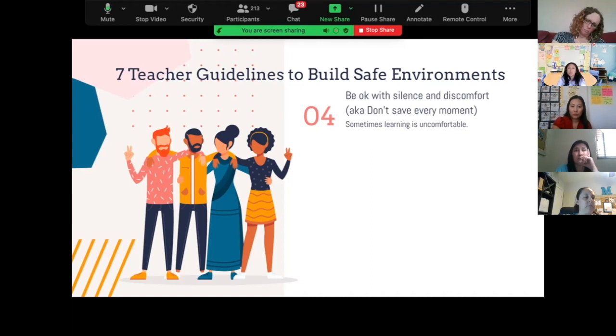And it goes deeper when we're talking about identity and tough conversations, because there's going to not only be silence, but there's going to be discomfort at the direction that some of the conversations are going. But we don't necessarily have to save every moment. And there's an author, Robert Freed, he wrote The Passionate Teacher.